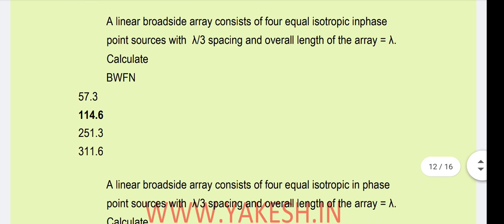A linear broadside array consists of 4 equal isotropic in-phase points with lambda by 3 spacing. Overall length of the lambda equal to, BWFN. Option B is the correct answer, 114.6.